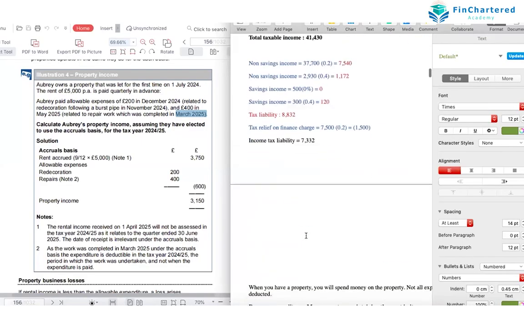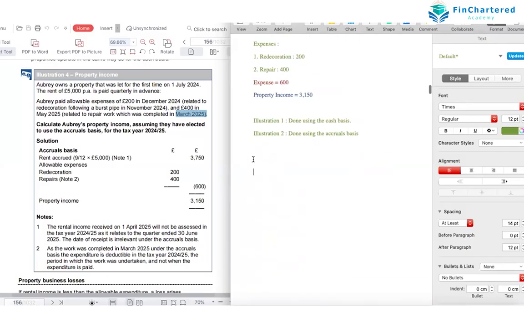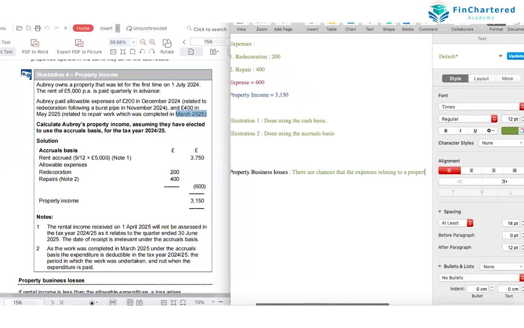What does property business loss say? There are chances that the expense relating to a property is higher than income.